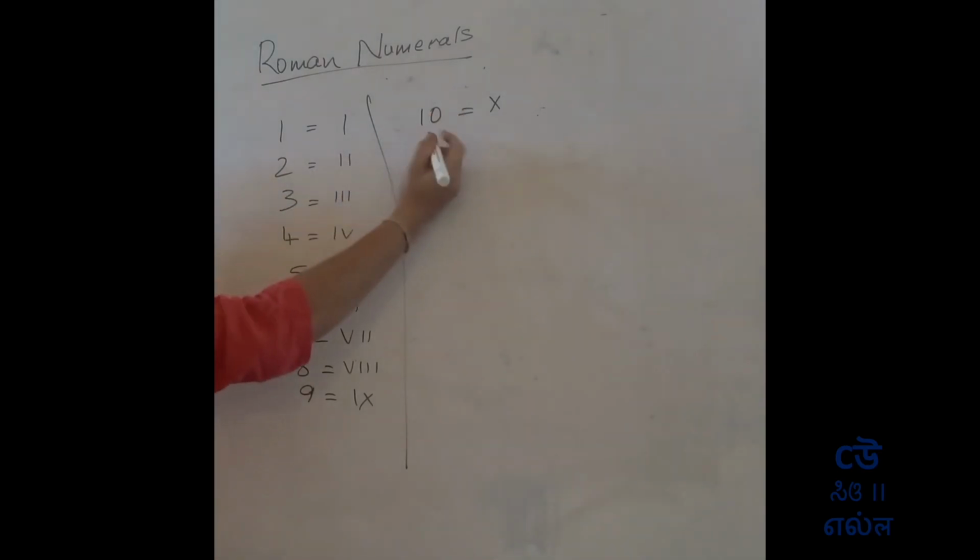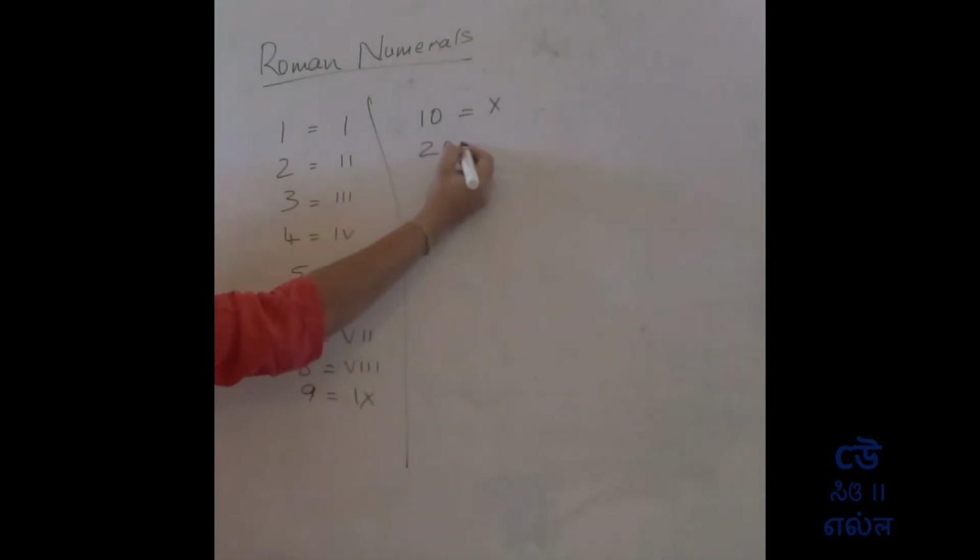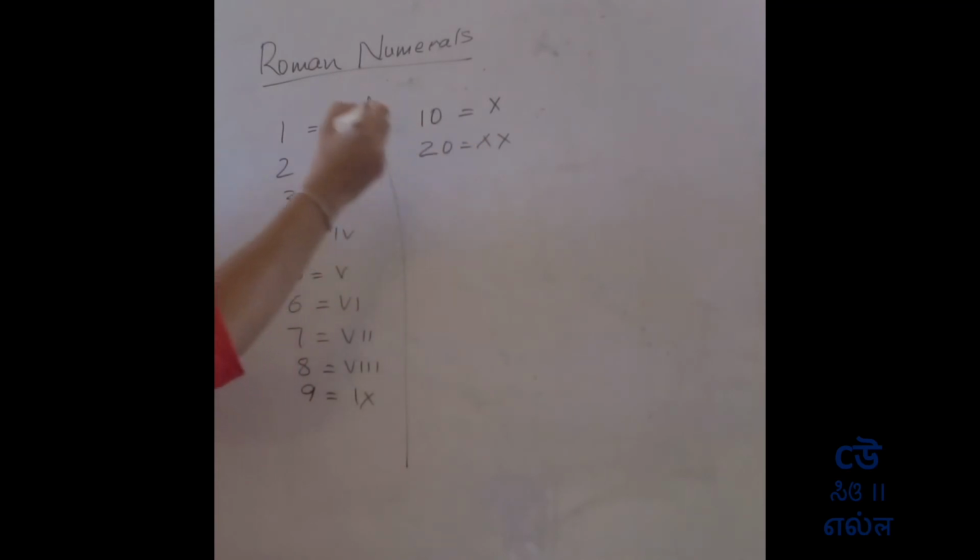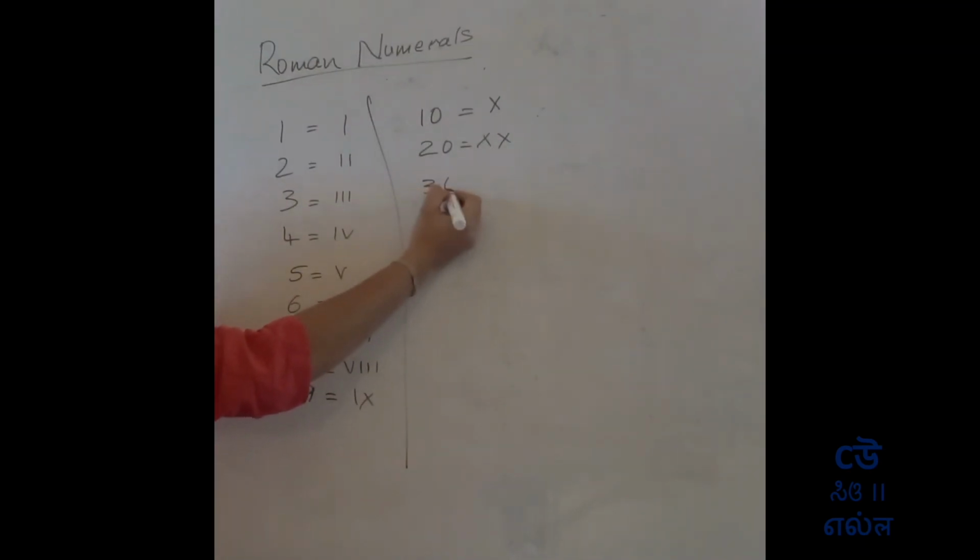Ten, how will you represent? As 1x. 20, how will you represent? 2x. Next 30, how will you represent? 3x.